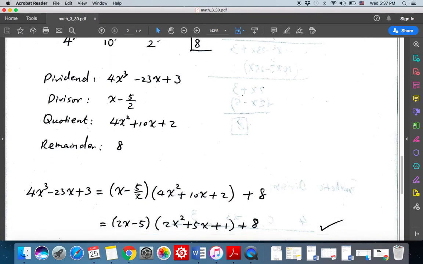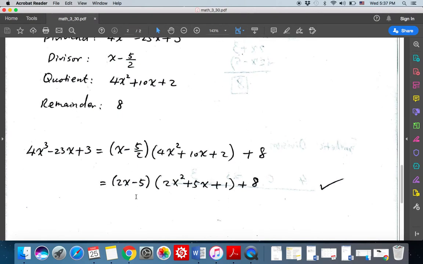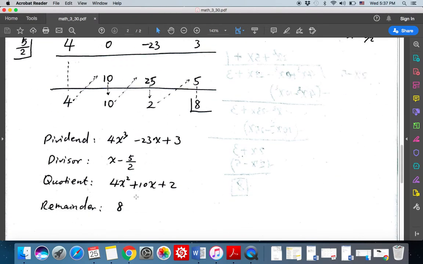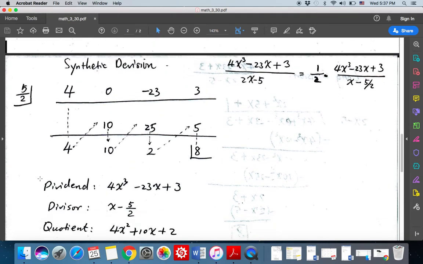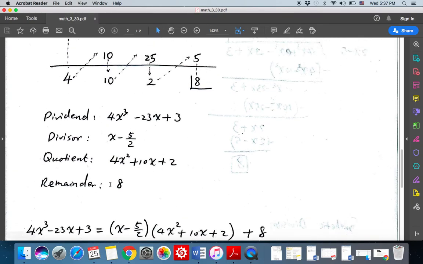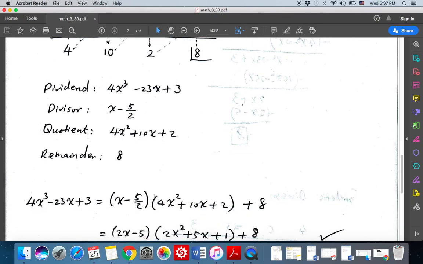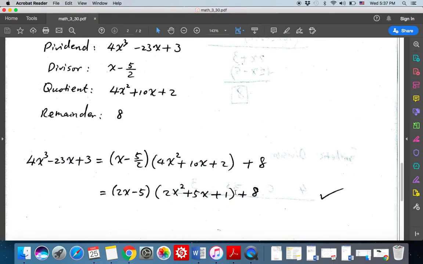So using the division algorithm, we can write down this result in this form. So basically the dividend can be broken down in this form. 4x cubed minus 23x plus 3 equals divisor x minus 5 half times quotient 4x squared plus 10x plus 2 plus the remainder, which is 8.